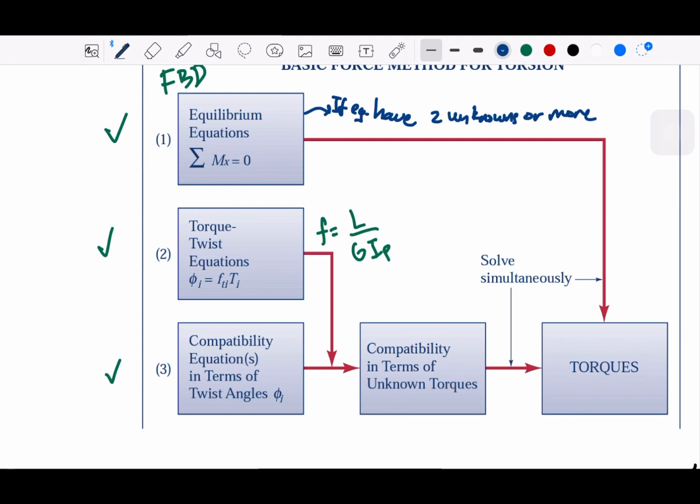It's pretty similar to what we had, but now we change to torsion. In chapter 3 you find the forces F1, F2, then you find the elongations, and then you relate those two. Now you find the torque through the deformation, which is the twisted angle, using the torque twist equations.